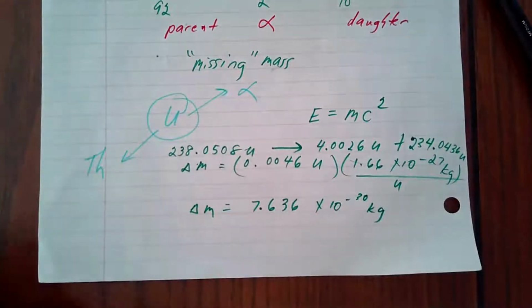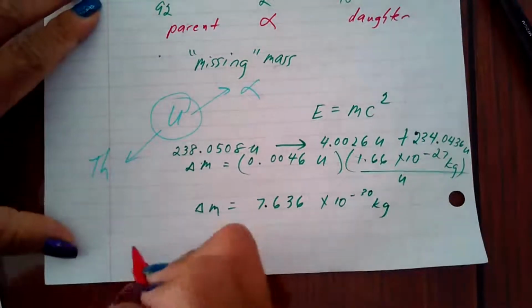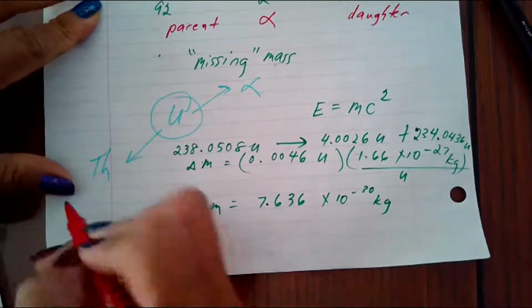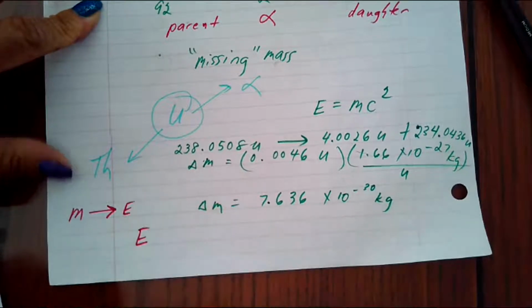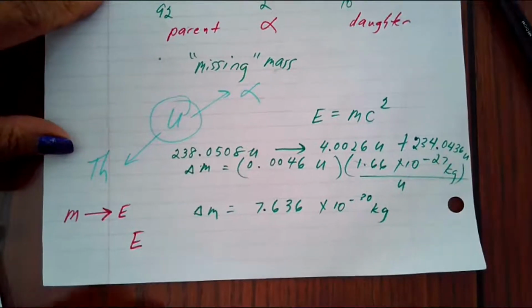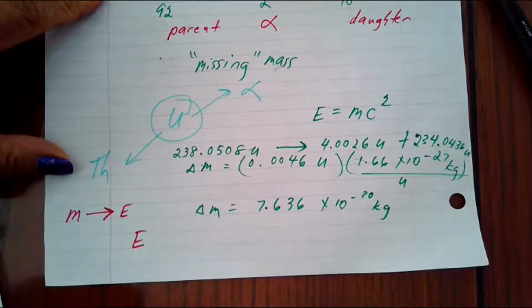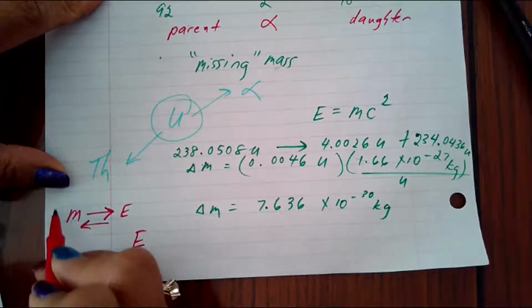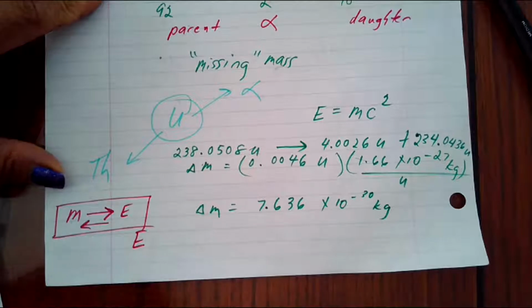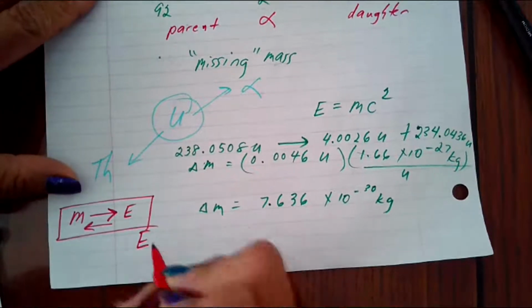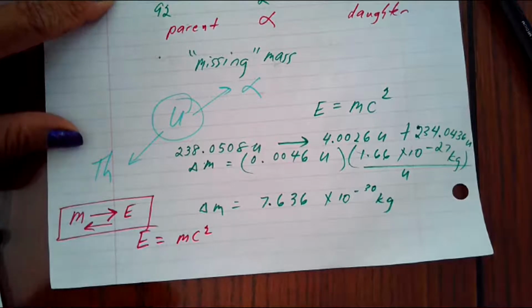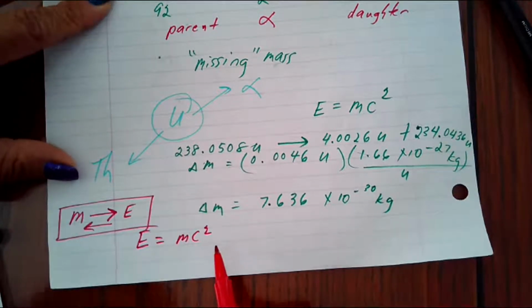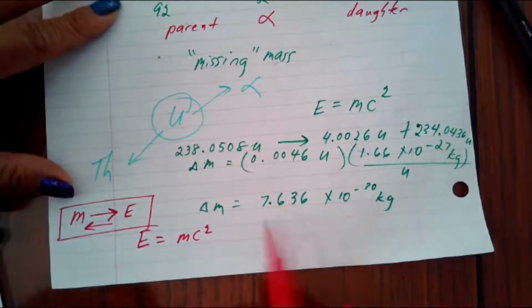Now let's take a look at the energy that the mass has been converted to. According to Einstein, this mass has been converted to pure energy. Also, vice versa, energy can also create mass, and this is a groundbreaking idea from Einstein. So let's take a look at how much energy has been created from this mass as alpha decay happened.